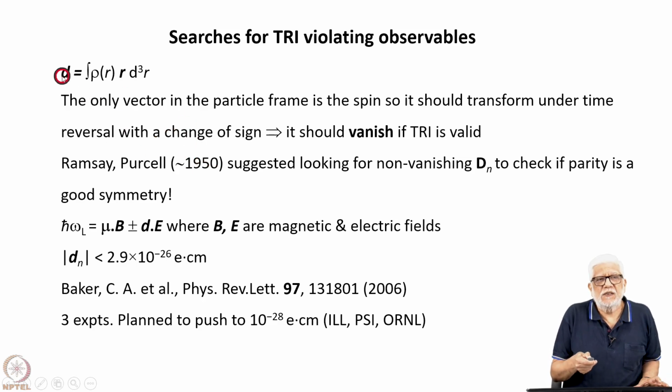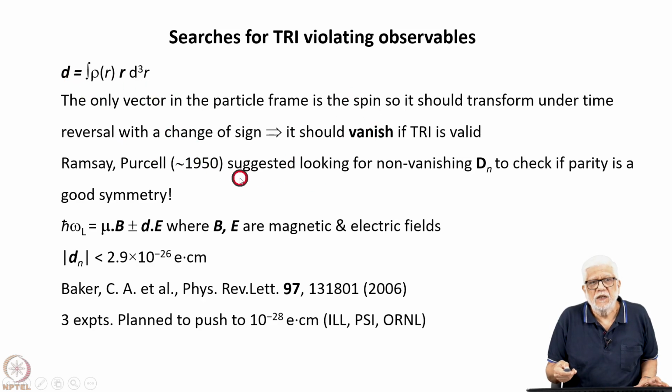So, as I said, if the neutron has an electric dipole moment, then of course, this is a signature of parity violation. But since the only vector in the problem is the spin of the neutron, then the dipole moment has to be proportional to the spin. Okay, that is the only vector that you have, and spin is a pseudovector.